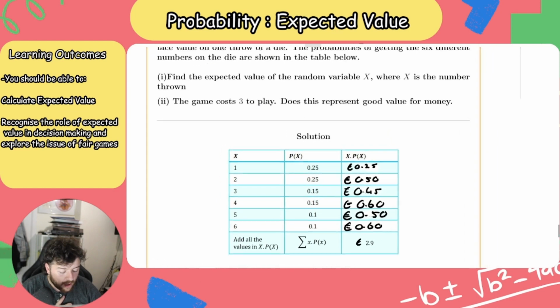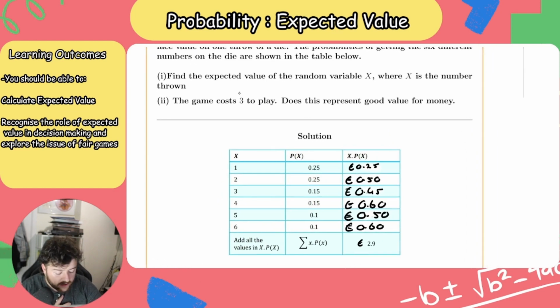The game costs €3 to play. Does this represent good value for money? If the game costs €3 to play, and on average you win €2.9, is it worth it?